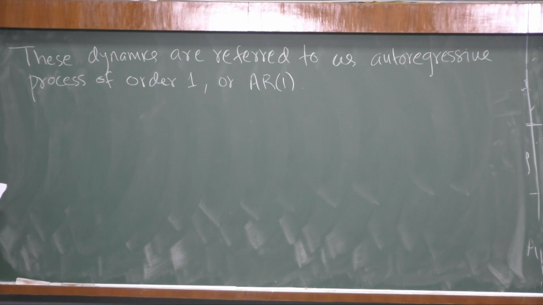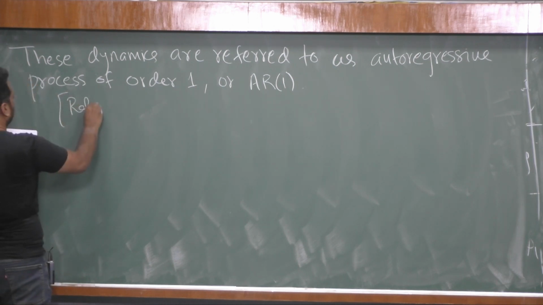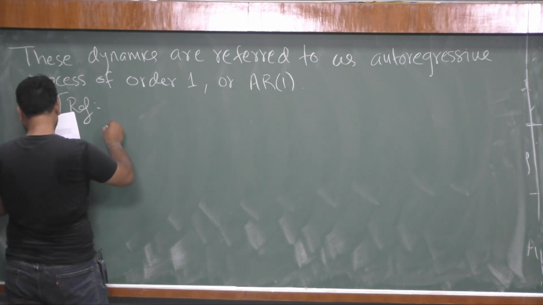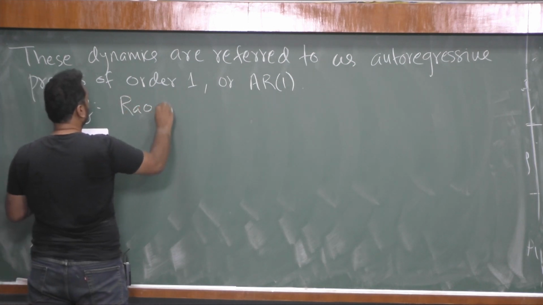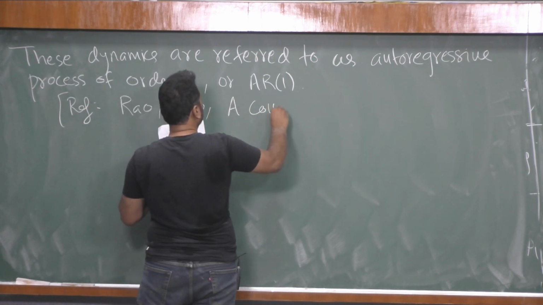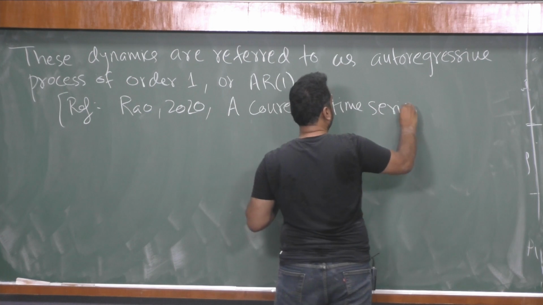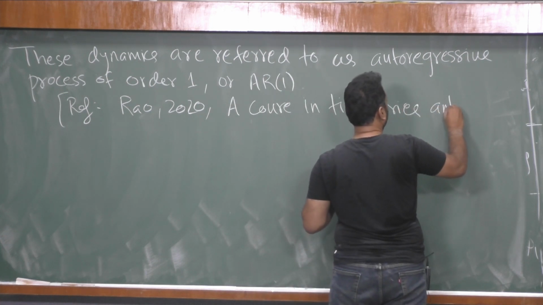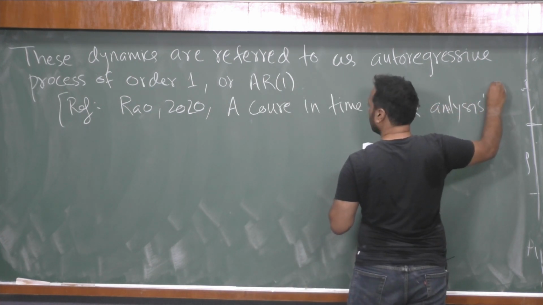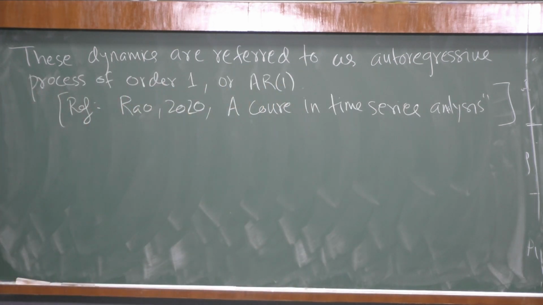There is a book one can refer to, by Rao, 2020, A Course in Time Series Analysis. In this book you can see more details about the variants of autoregressive models.